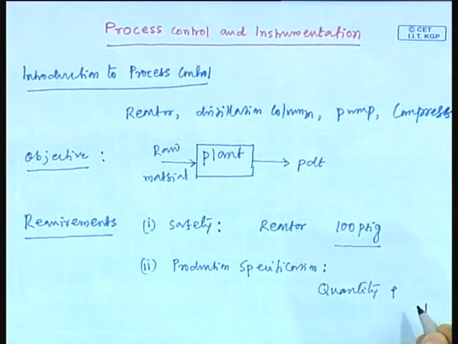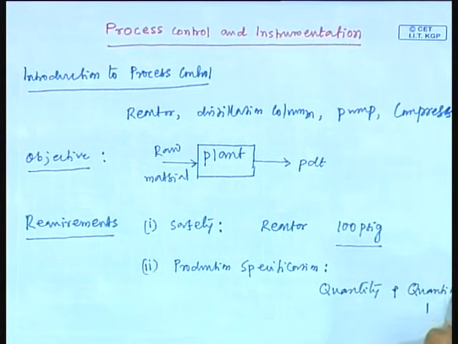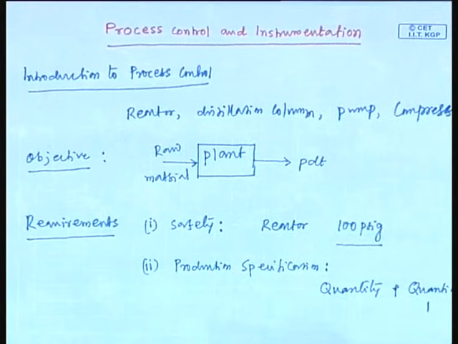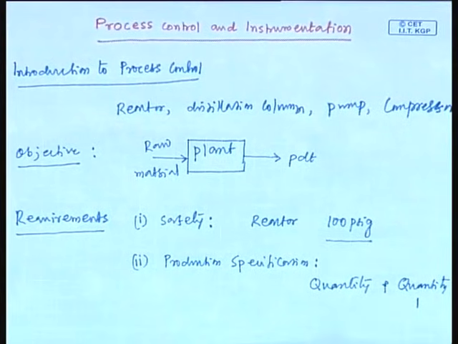So, first one is quality and second one is quantity. This is the product specifications. We need to maintain the quantity as well as the quality.